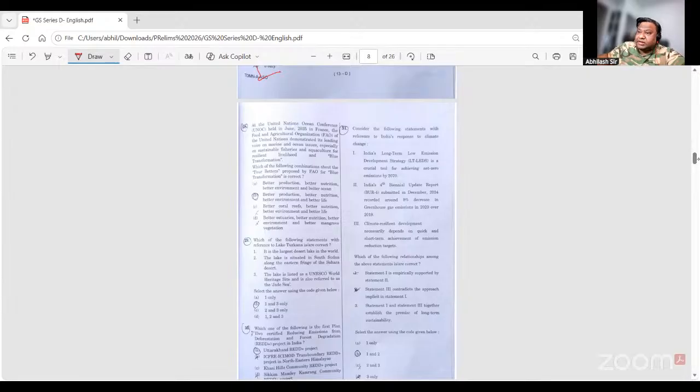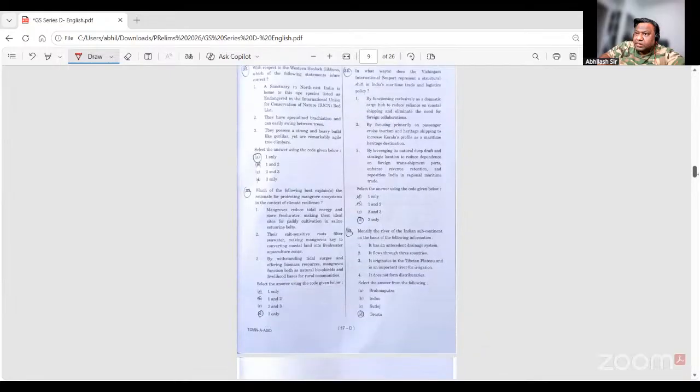ये थोड़ी सी डिटेल है ये वाले पार्ट्स. Lake Turkana के रेफरेंस में अगेन. Then science and tech, climate change, again environment and ecology, application of mangrove, Birmingham International Seaport, Kerala.